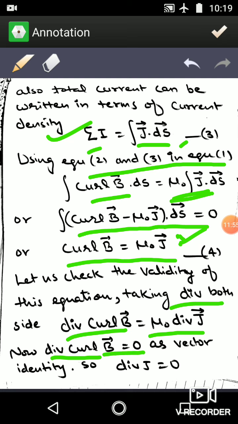Therefore, divergence of curl B will be 0 always. Using this in the above equation, what we get? We get divergence of J is equivalent to 0. Let us move on to the next page.